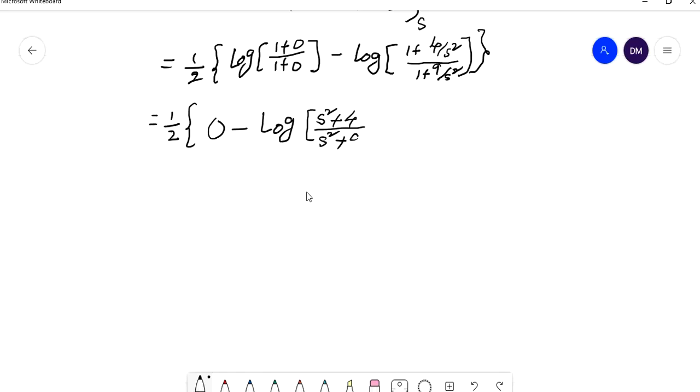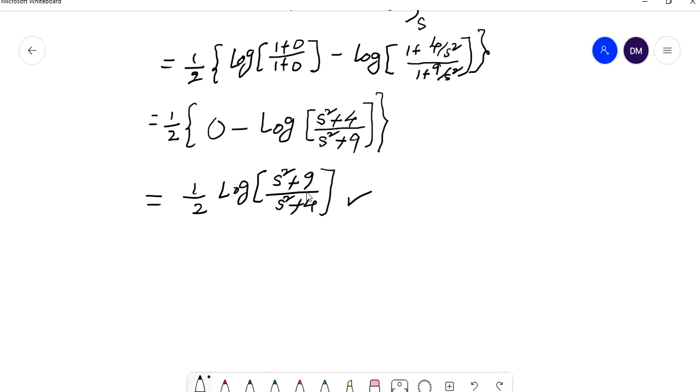S square cancels in the numerator and denominator. So this is equal to 1 by 2 into minus log of a by b, which can be written as log of b by a. Log of s square plus 9 by s square plus 4. So this is the solution of the third problem, right?